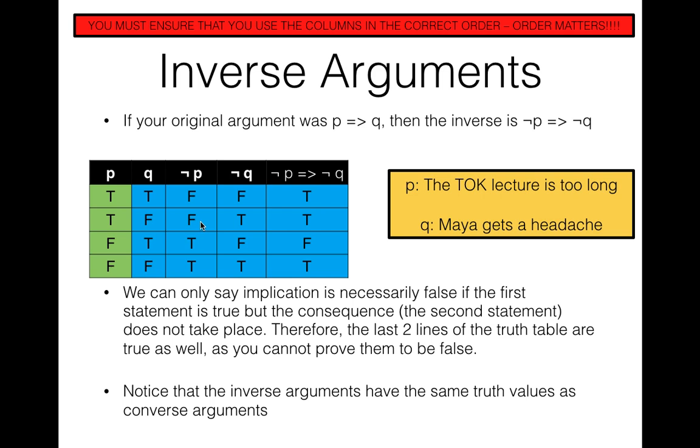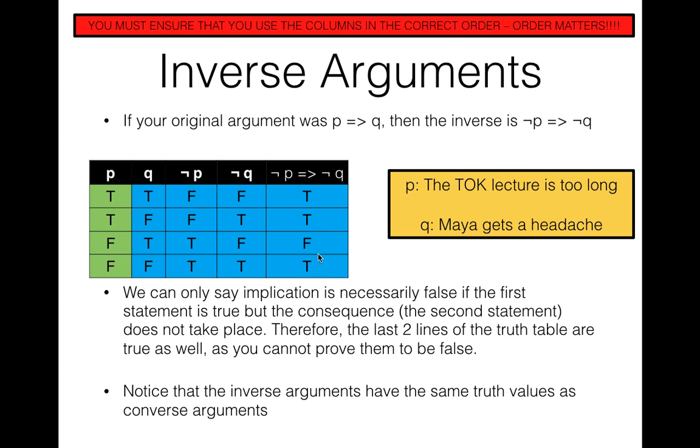If not P is false, but not Q is true, we still have to say it's true. But if not P is true and not Q is false, then we can claim it as false, because the initial argument has happened, but the consequence has not, and so there's no way they can be linked.